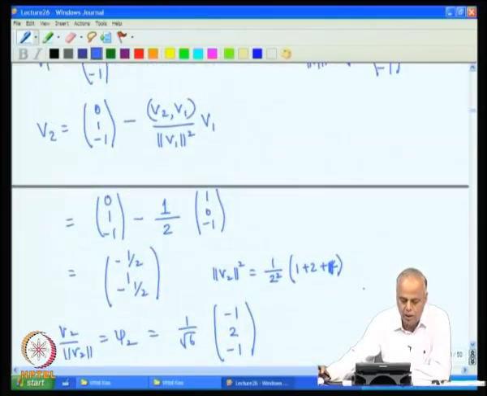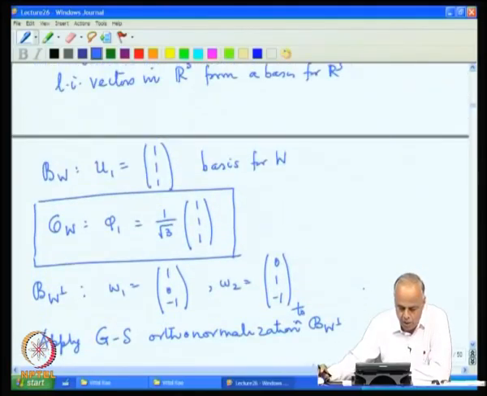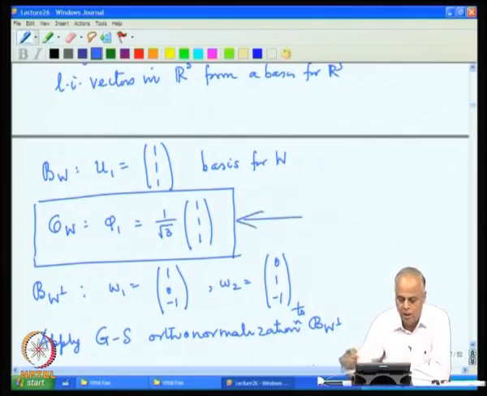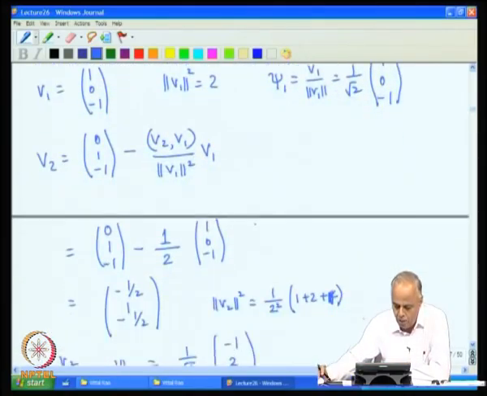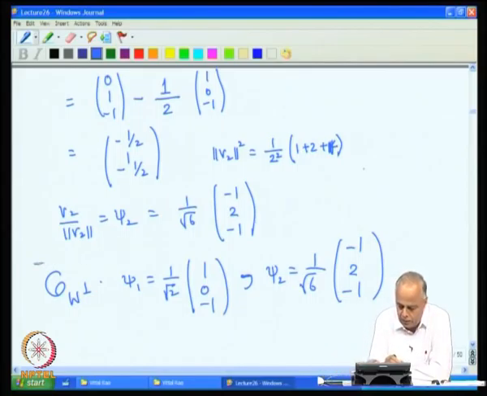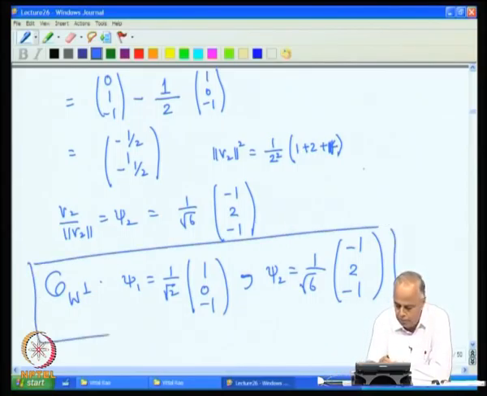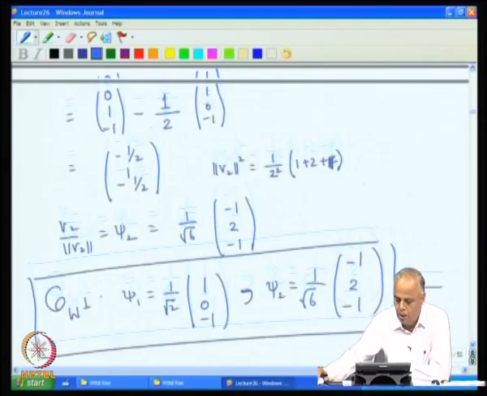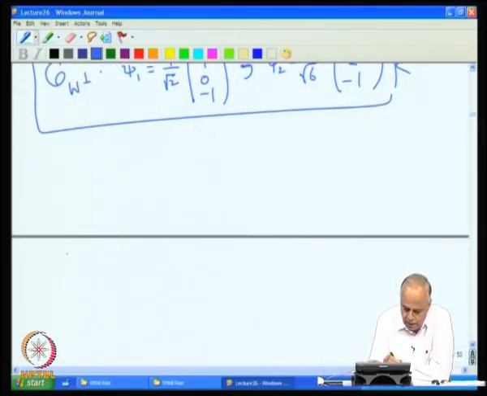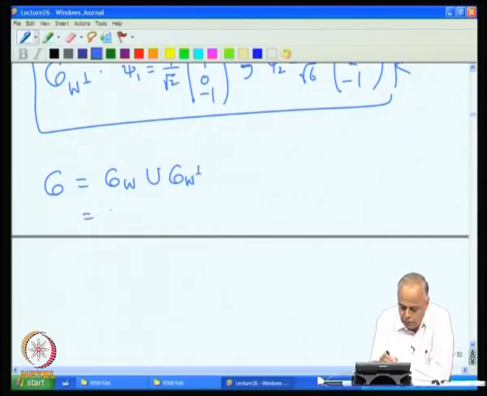So, phi 1 was our orthonormal basis for W, and now we have the orthonormal basis for W perp. Now, if you put these two together, O equals OW union OW perp, which gives me phi 1, psi 1 and psi 2.